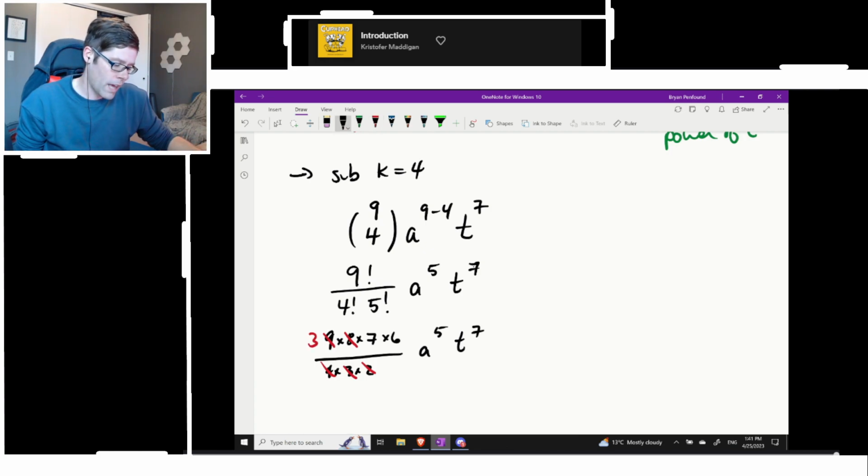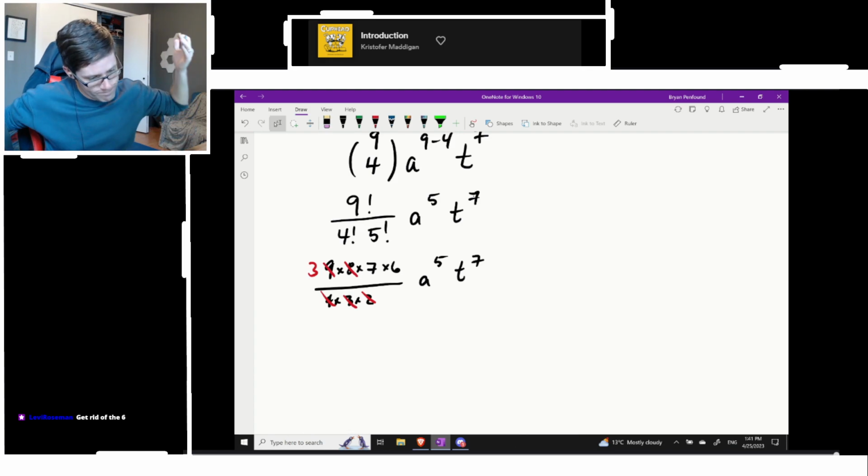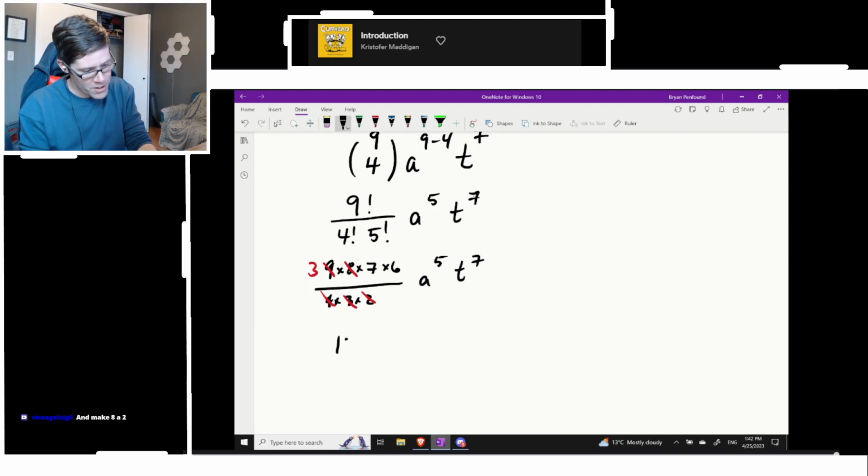So we have something like 18 times 7 or 21 times 6 or 42 times 3? Get rid of the 6, he says. What? It's easier to get rid of the 6? Mentally, is that what you're saying? So 126a to the 5 is our coefficient.